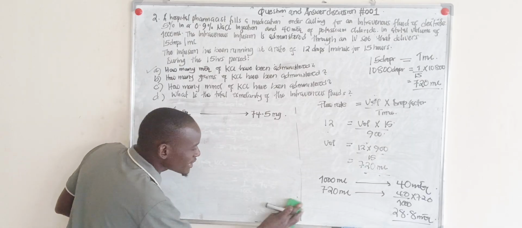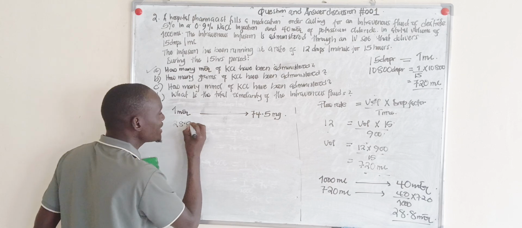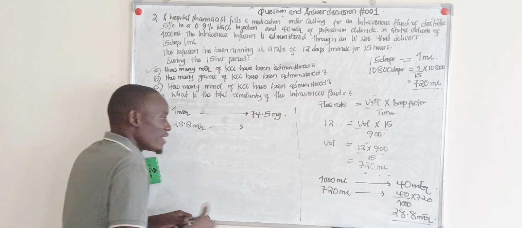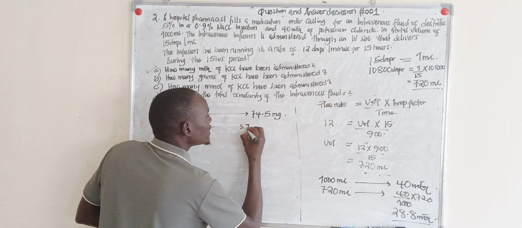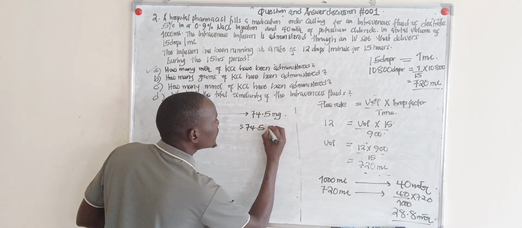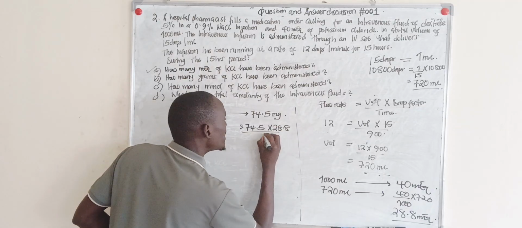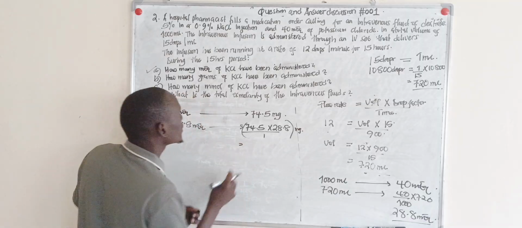How about the 28.8 milliequivalents that was delivered? This will contain 74.5 times 28.8 divided by 1. The answer is in milligrams.